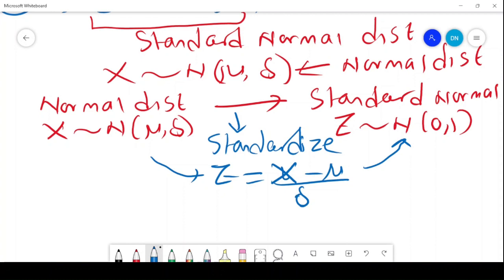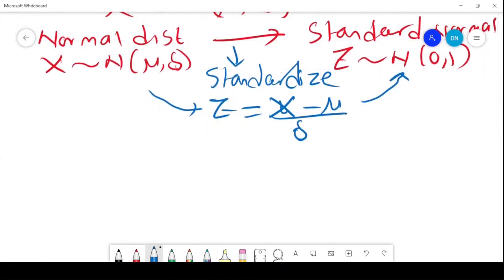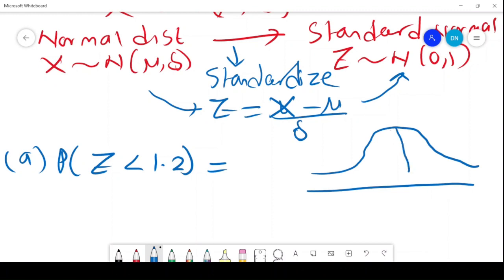But now, in the first example, it was a normal distribution. In the second example, it is a standard normal. That's why in the first example you use x and then we transformed to z. But this time we have been given the z. If you are told to find the probability that z is less than 1.2, you draw a curve, then you get your normal distribution table, 1.2, and this is less than.